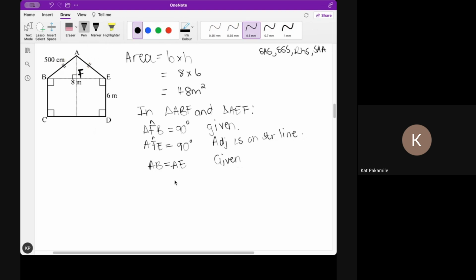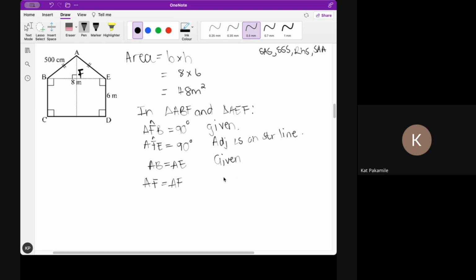And then the last one, which side are we proving equal? Which side is equal in the two triangles? Which of the sides are equal to one another? Yes. Side AF is equal to side AF.